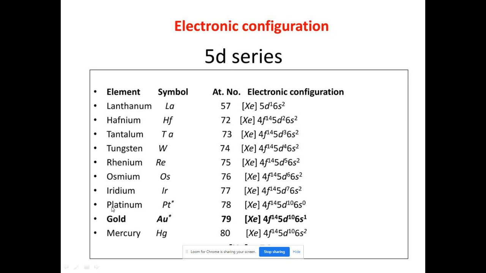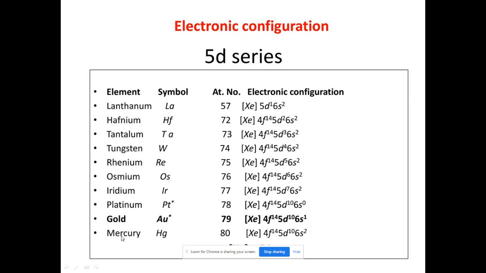The next one is platinum with the symbol Pt, atomic number 78, whose electronic configuration is xenon 4f14 5d10 6s0. And the next element is gold with the symbol Au, atomic number 79. Electronic configuration is xenon 4f14 5d10 6s1.